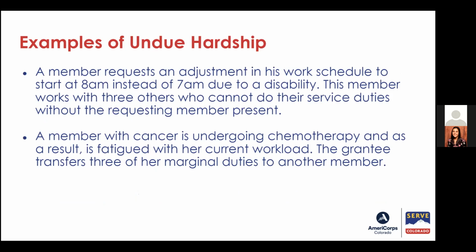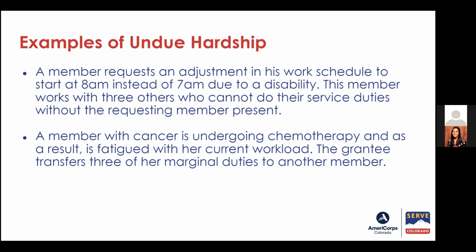So this would cause the grantee to either also change the work schedules of other members, have the members do nothing between 7 to 8 a.m., or find other work between 7 to 8 a.m. All of these options significantly disrupt the workflow, and so undue hardship can be claimed in this case, and the grantee can deny the request. However, other accommodation options, again, must be explored for this member.